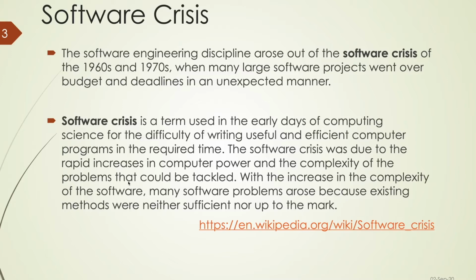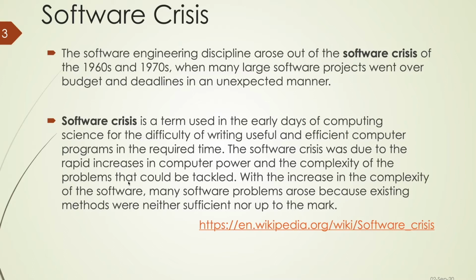Software crisis is a term used in computer science to describe the difficulty of writing useful and efficient computer programs in the required time. This was due to the rapid increase in computer power and the complexity of problems that could be tackled. But with the increase in complexity of software, many software problems arose because existing methods were neither sufficient nor up to the mark.